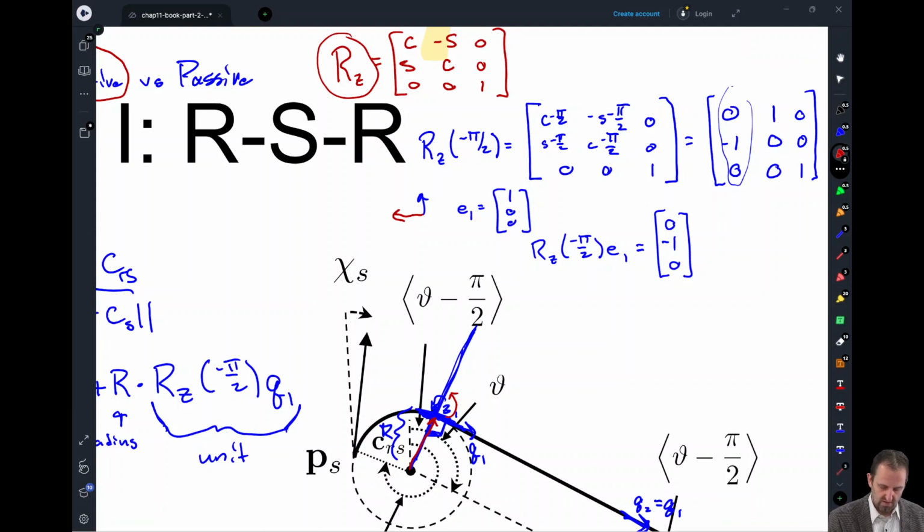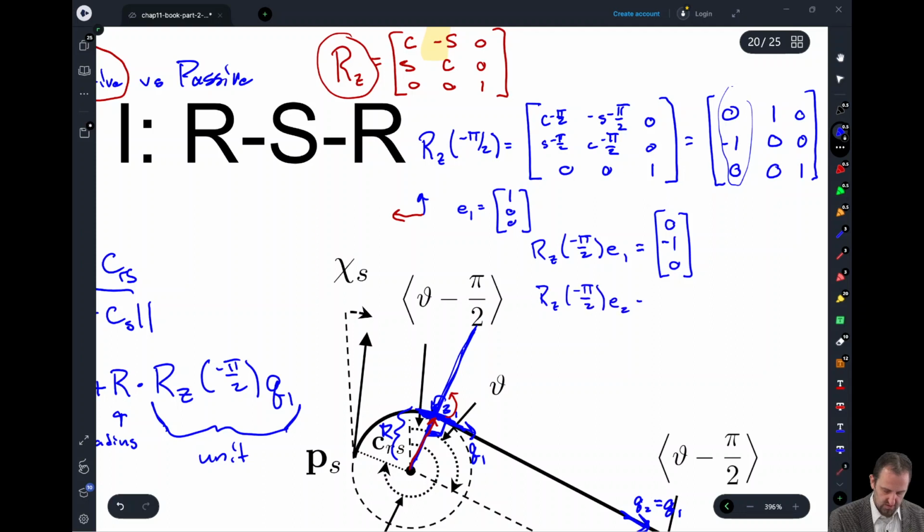So if we were to start off with E2, right, RZ of negative pi halves times E2, that would be equal to, we'll just get the second column, 1, 0, 0. So in other words, our E2 would go from pointing in the east direction, get rotated up to pointing in the north direction.